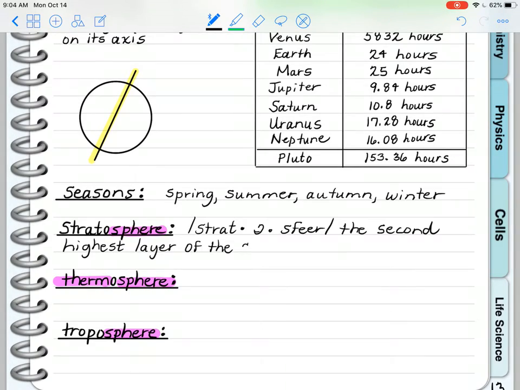Stratosphere is important to life as we know it. And when we get to the diagram, we will look at that in much more detail.